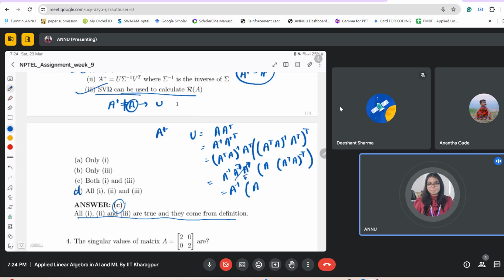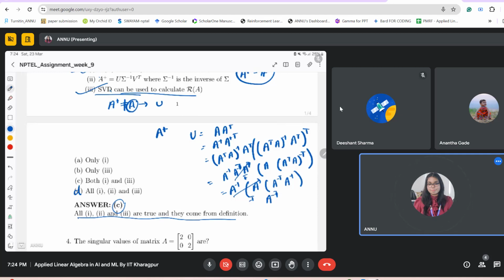This is I. This is A inverse. This is A. This is A inverse transpose, A inverse. This is also giving you I. This is A transpose.